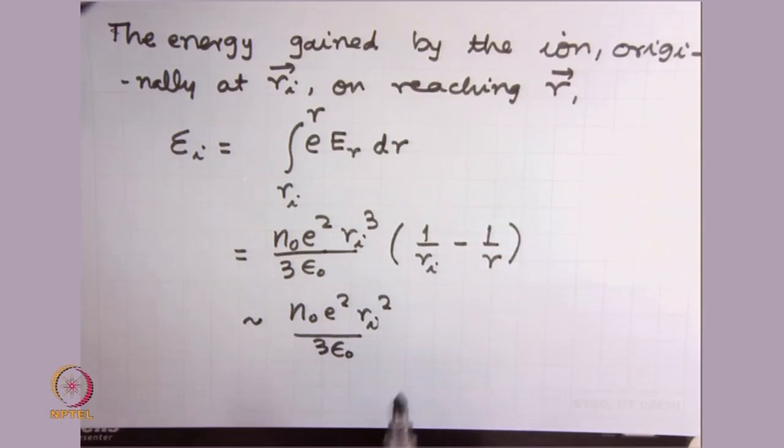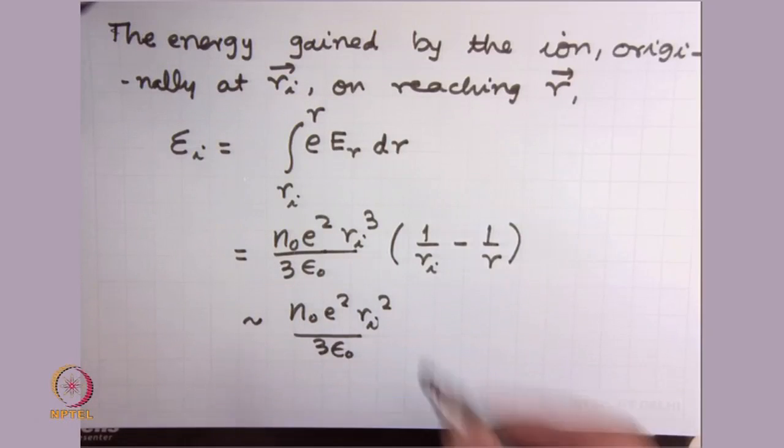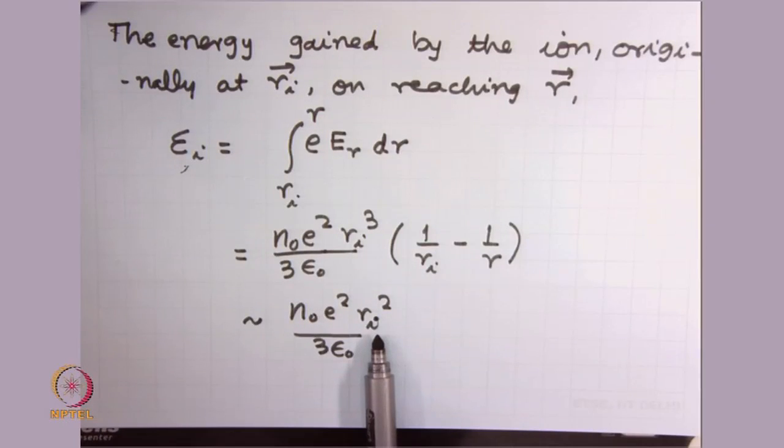It means the ions that leave from a higher distance from the center of the sphere will gain more energy. Their number will also be more. So Ei, the energy gain, is a function of distance from the center of the sphere.